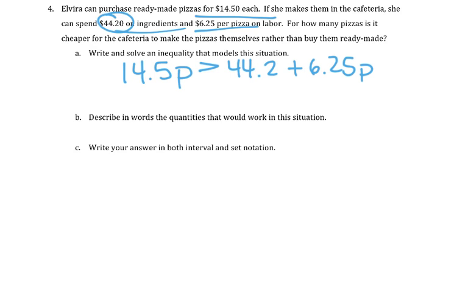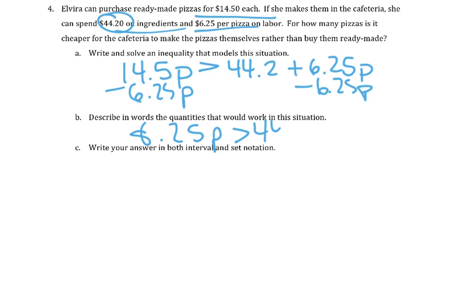So here's my inequality. What I need to do is subtract $6.25. So 14.5 minus 6.25 should be 8.25, so greater than 44.2 divided by 8.25.